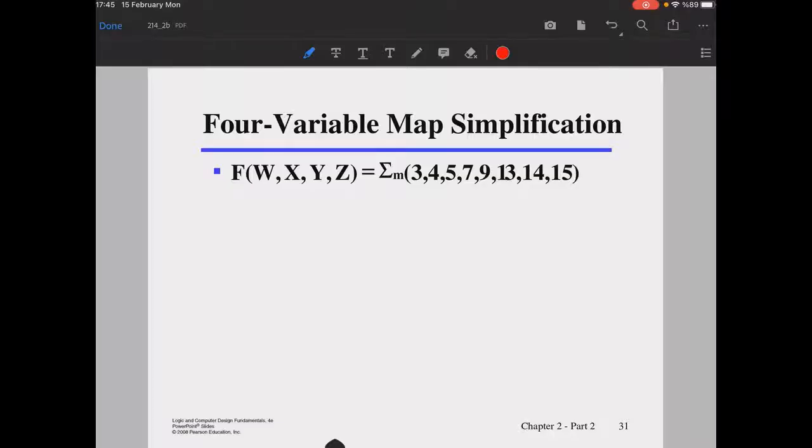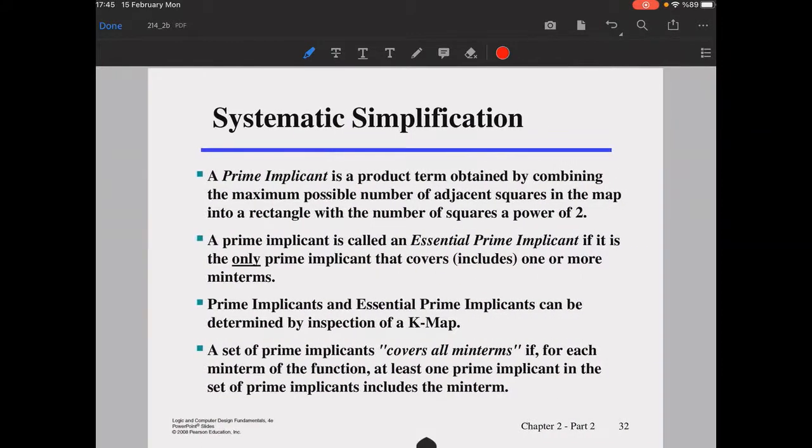Okay. So if we return to our question, it's like this. What I just mentioned about a prime implicant is a product term obtained by combining the maximum possible number of adjacent squares in the map into a rectangle with a number of squares of power of 2.